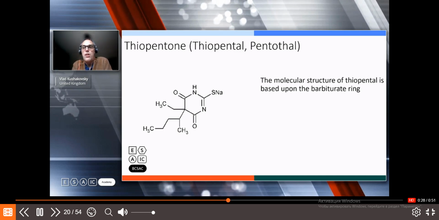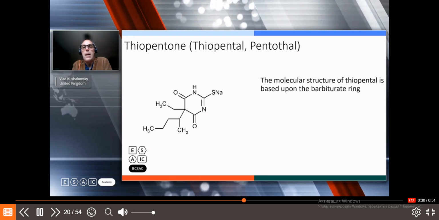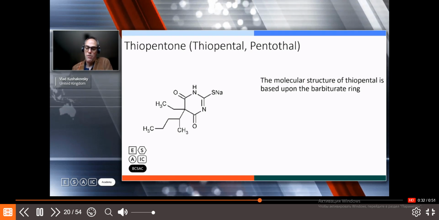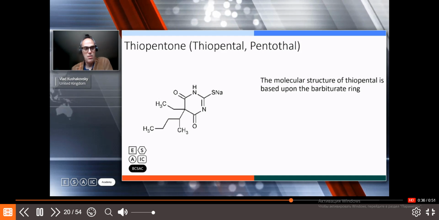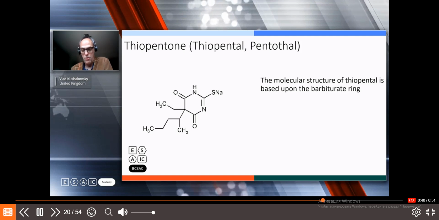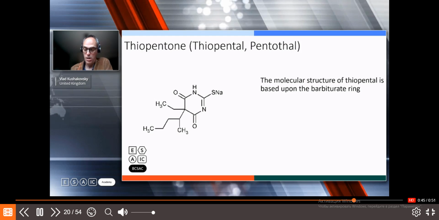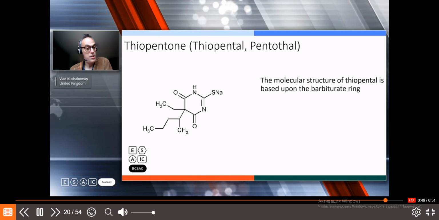So the molecular structure of thiopentone is based upon the barbiturate ring, and here is a picture. You'll be pleased to know that you need to draw this picture only for extra points. It's not required to draw a molecular formula for thiopentone or any other intravenous anesthetic agents for exam purposes, unless you really want to.